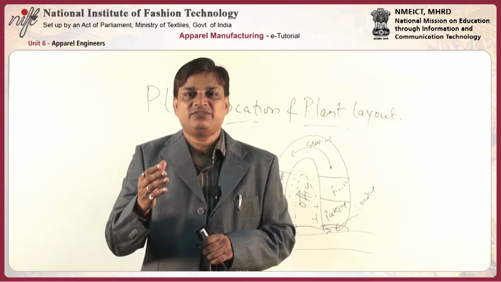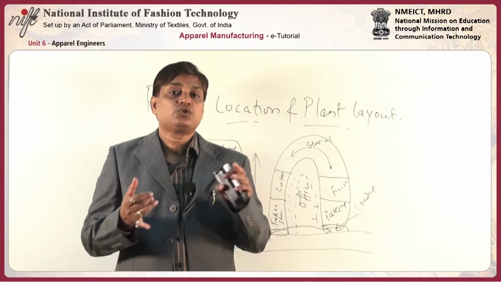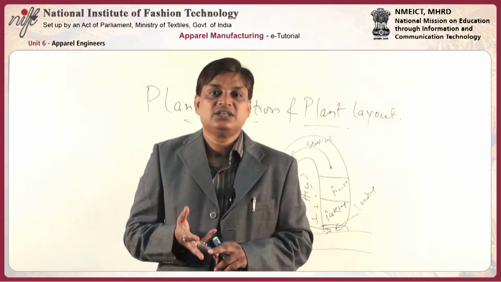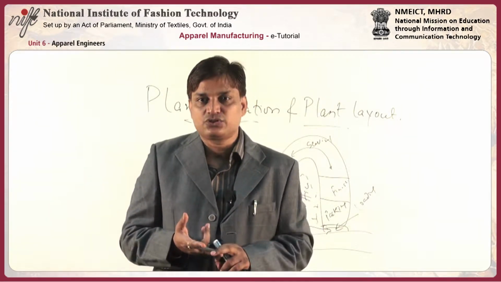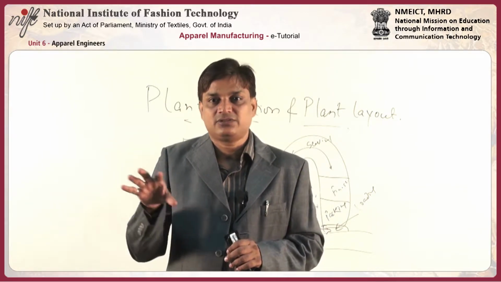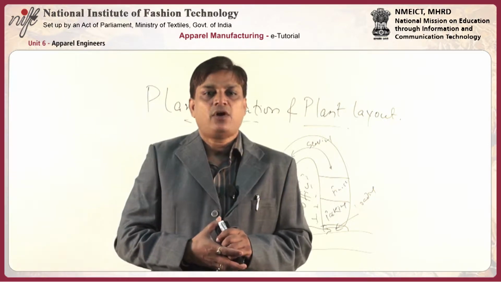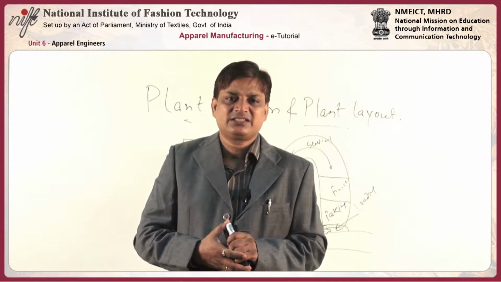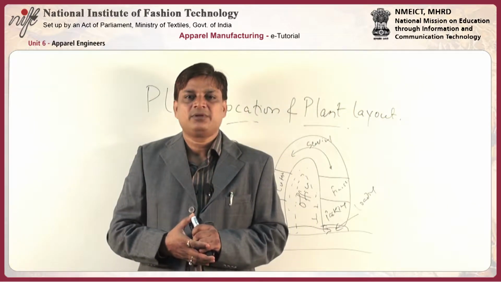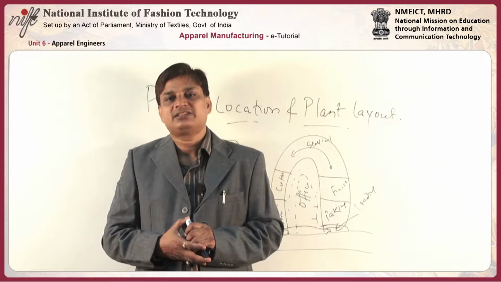It's a one-time decision the entrepreneur has to take, but so much energy, so much cost, and so much planning is involved once a factory has to be set up, or once it has been decided what the location of the factory is. If it is changed, it is only at considerable loss. The location should be selected as per its own requirements and circumstances.